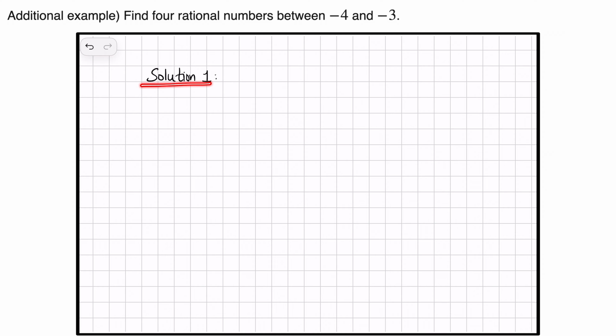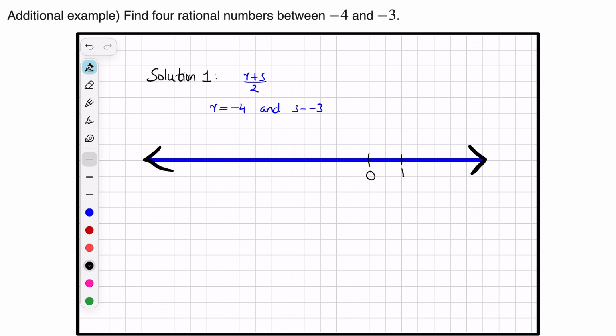So what have we done? We found rational numbers by using the formula (r + s)/2, where r and s were the two extreme numbers. In this problem, we can take r as -4 and s as -3. We have a number line, and the positive numbers increase towards the right side, and we have negative numbers on the left side.